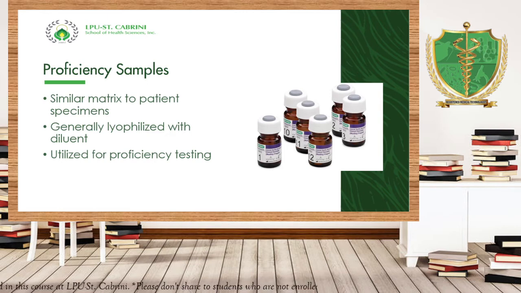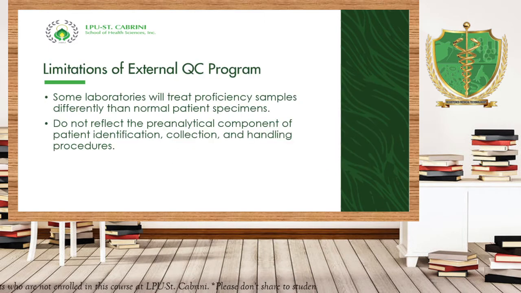Usually these are pooled samples; when I say pooled, these are combined serum samples or patient samples that were tested. They are generally lyophilized with diluent included and utilized for proficiency testing.